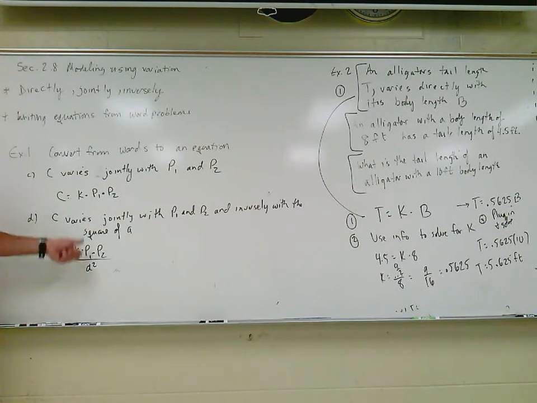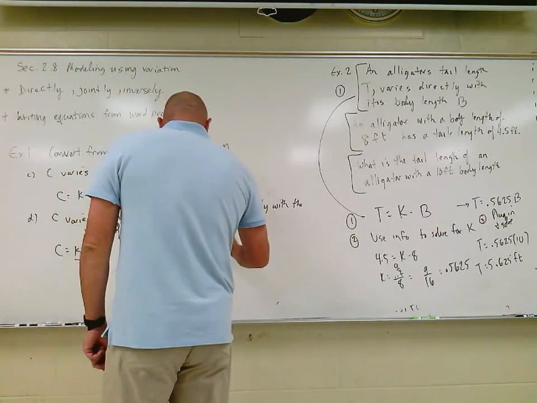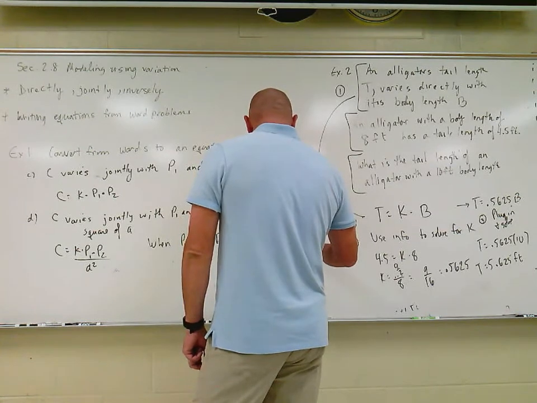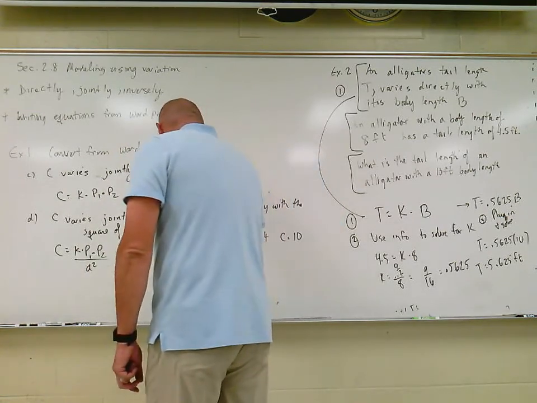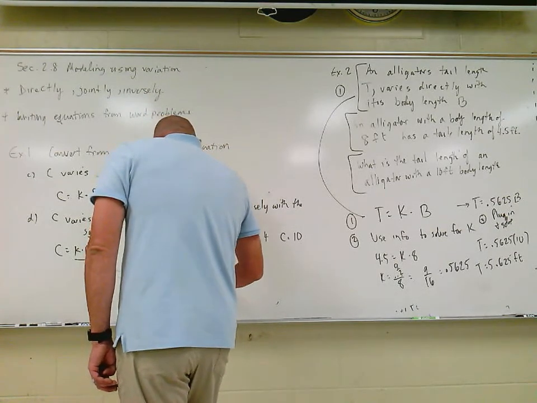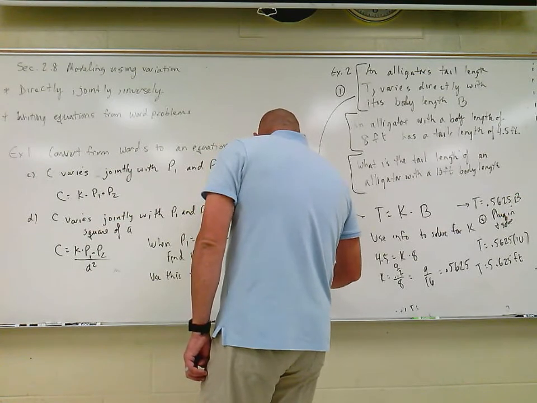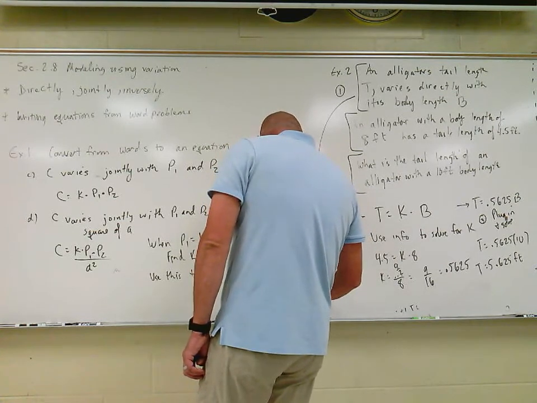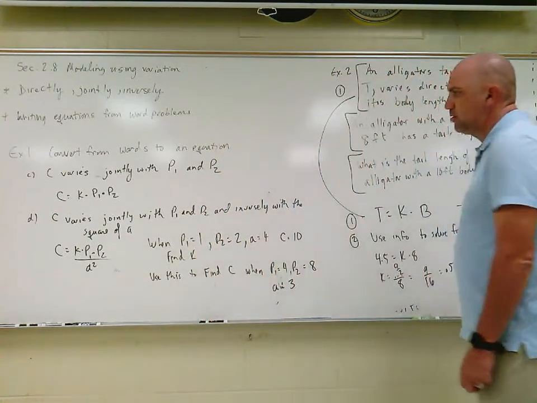C, P1, P2, and so when P1 is 1, P2 is 2, A is 4, and C is 10, well, then you can say, then it's find K. First find K, and then use this to find C when P1 is 4, P2 is 8, A is 3. All right, so you can do that.